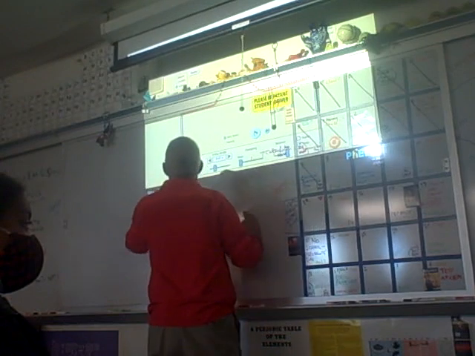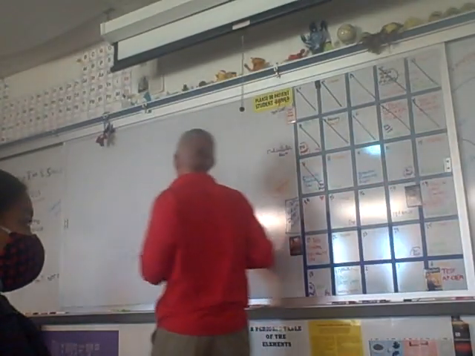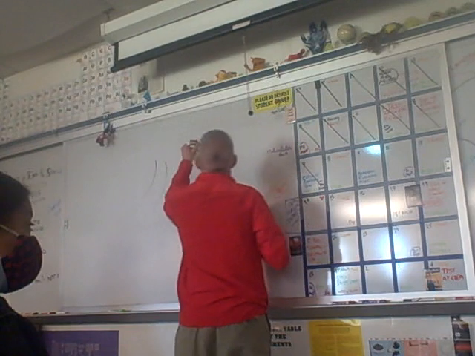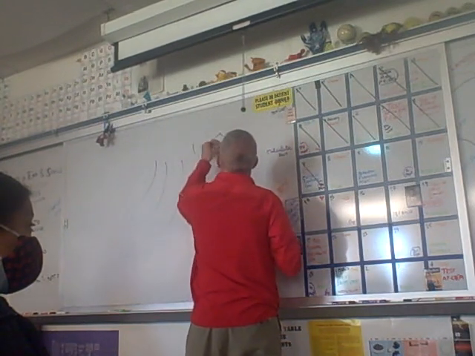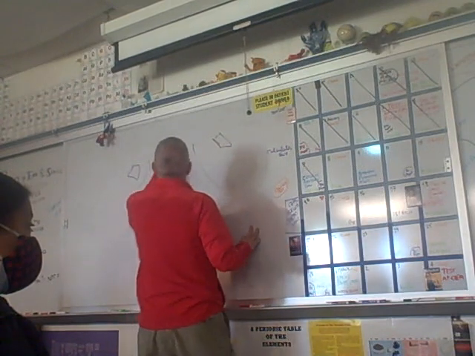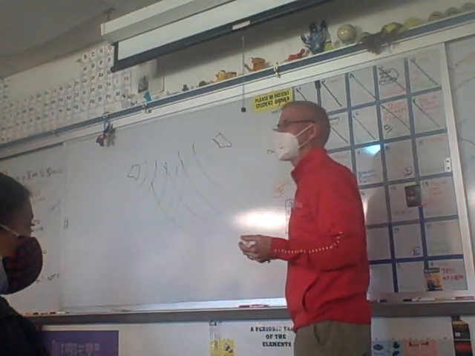If you set up a set of speakers, and you got a speaker sending out waves here and a speaker sending out waves here, and those waves meet, there are going to be places where there's constructive and destructive interference.